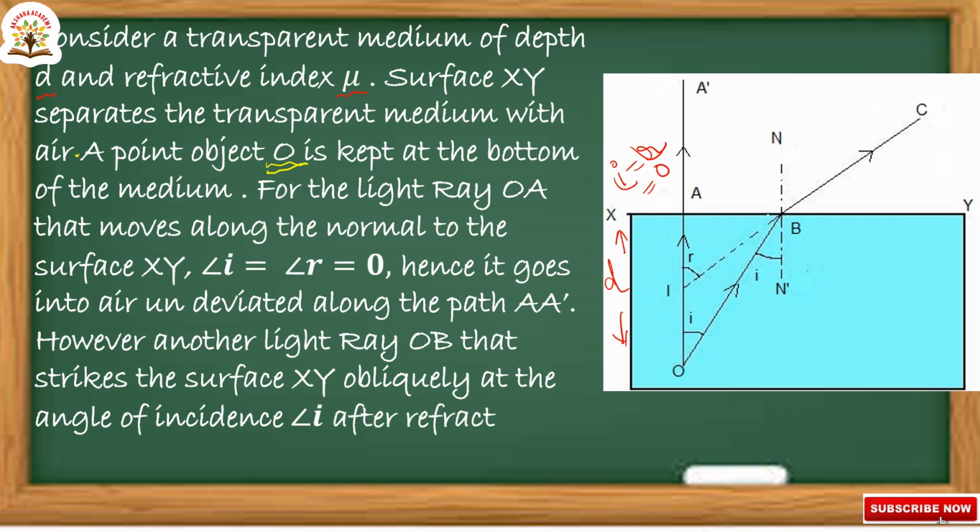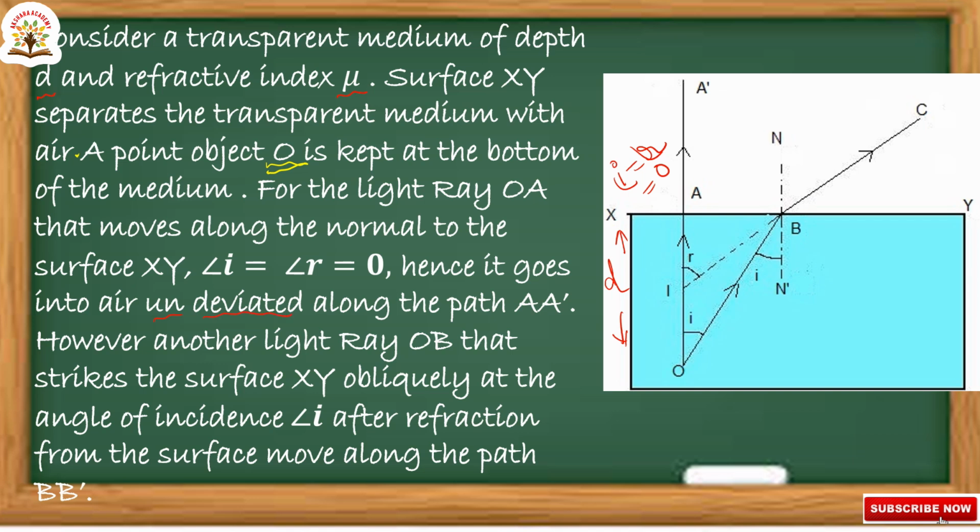So there is no angle of incidence and angle of refraction, and hence it goes into the air undeviated along the path AA dash.